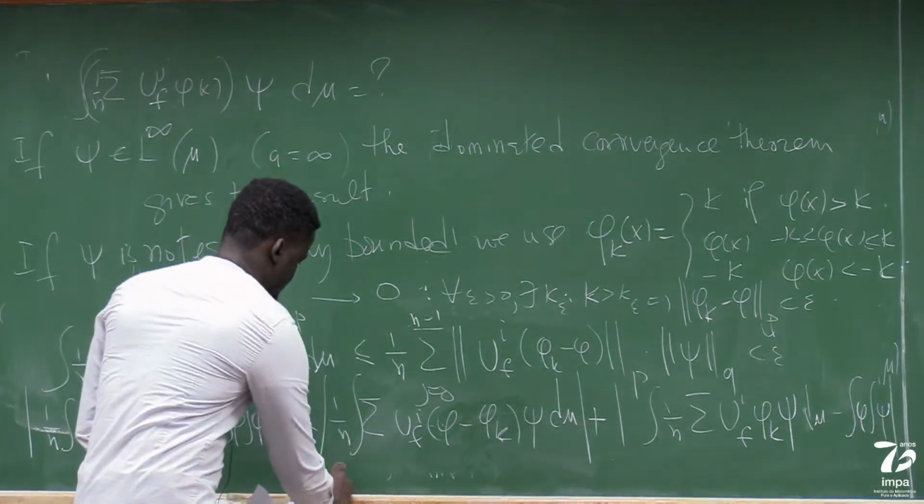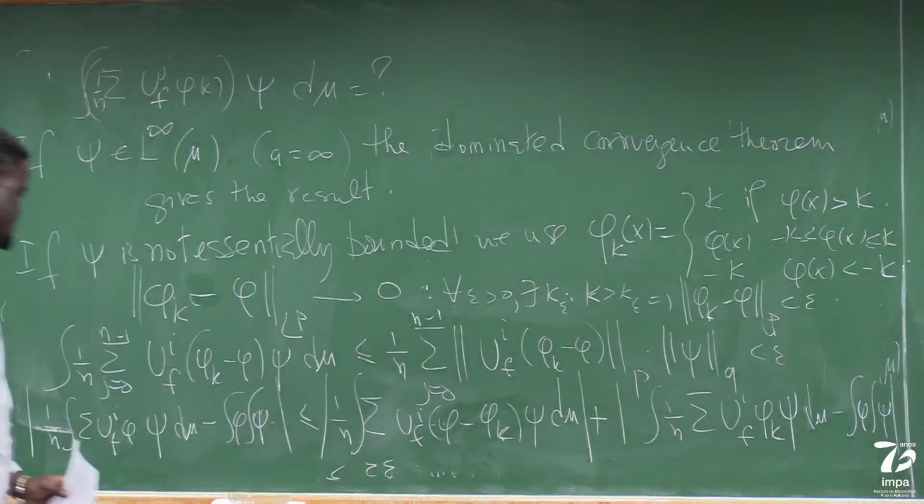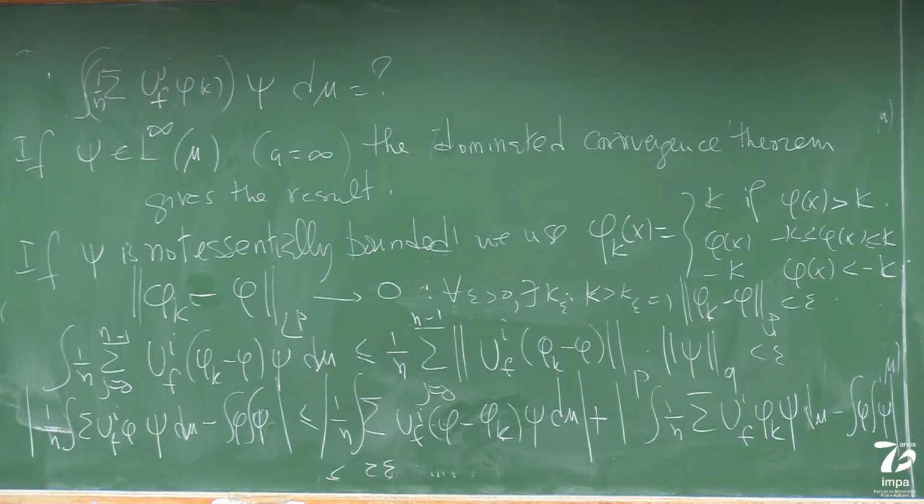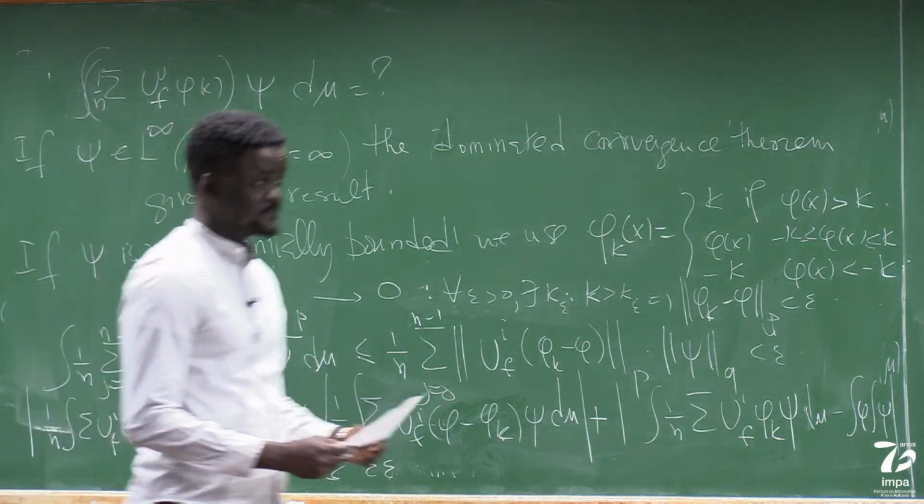So at the end, this is less than 2 epsilon for k large enough. And the right-hand side doesn't depend on k.